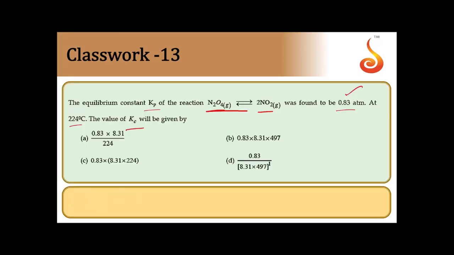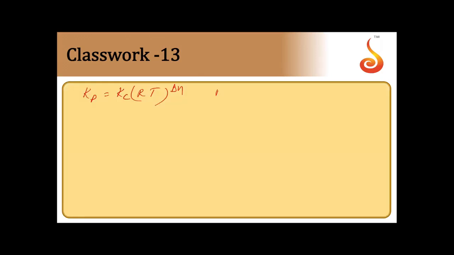If you observe the equation, delta n is equal to the number of moles of gaseous products, which are 2 here, minus gaseous reactants, which are 1. So delta n is equal to 1. Observe the stoichiometry of the equation.